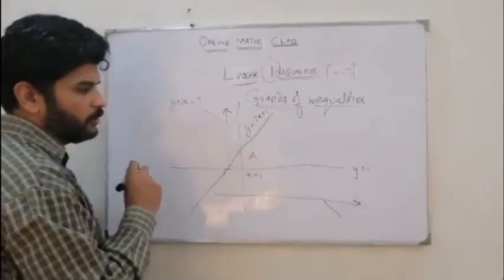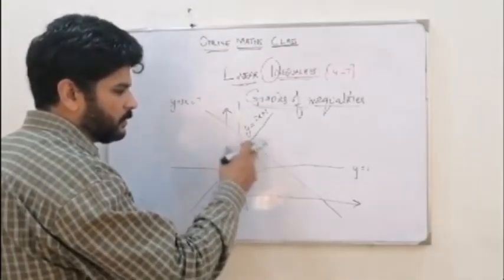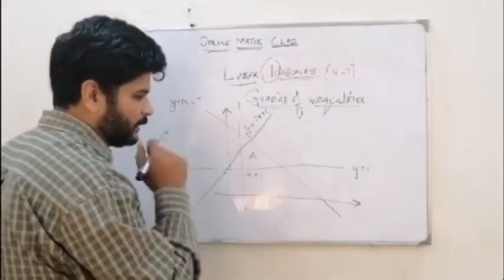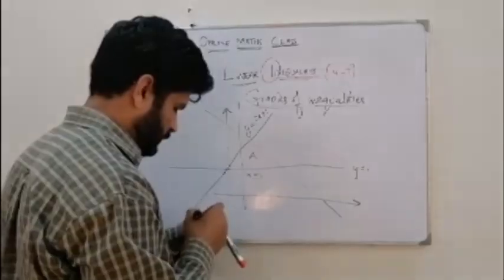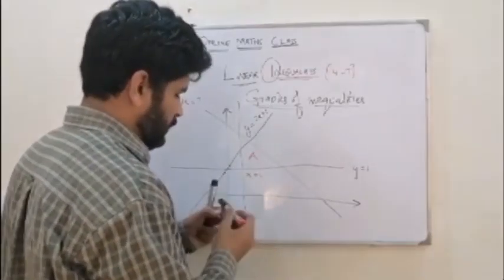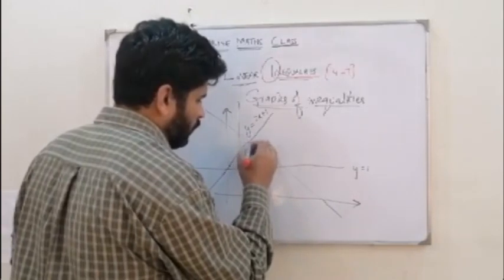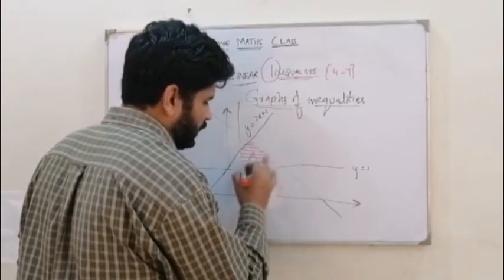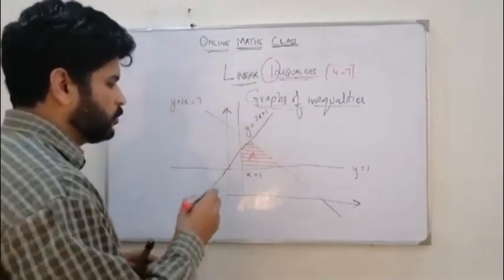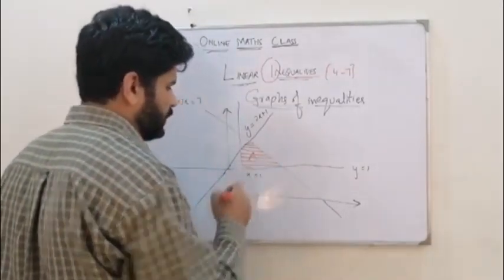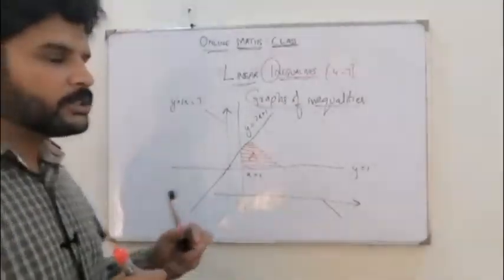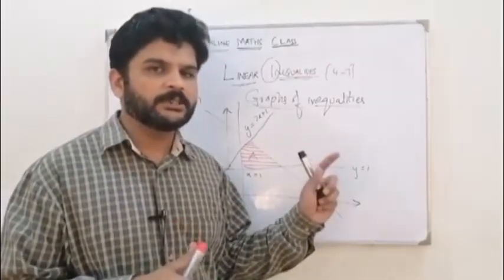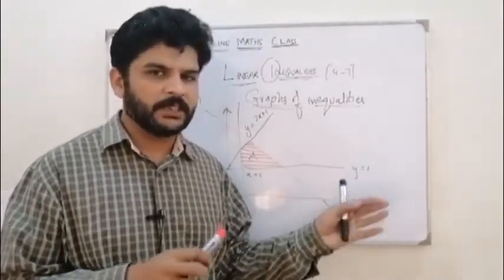Now this is a quadrilateral, which is given as the shaded region. He says define all the inequalities that represent this shaded region A. So let's see how we can define this. I'm going to discuss each and every equation separately, so you need to be very attentive for this.